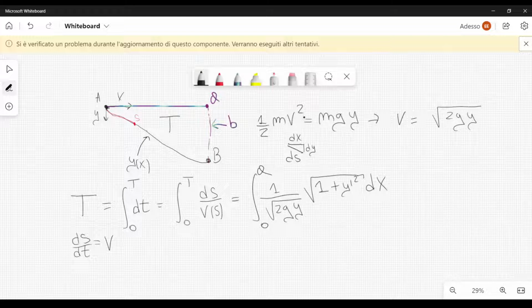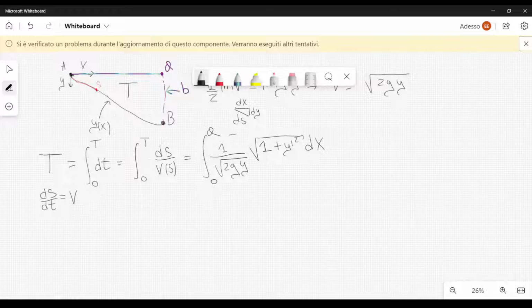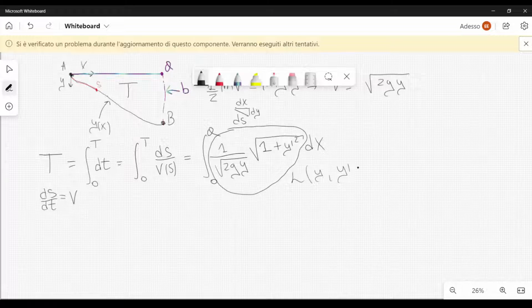Now, what we have to do is we have to consider this function, this integrand. This integrand is a function of y and y prime. So this will be a Lagrangian. A Lagrangian which depends on y and y prime, and y prime depends on x. So this will be a Lagrangian which depends on y prime, right?